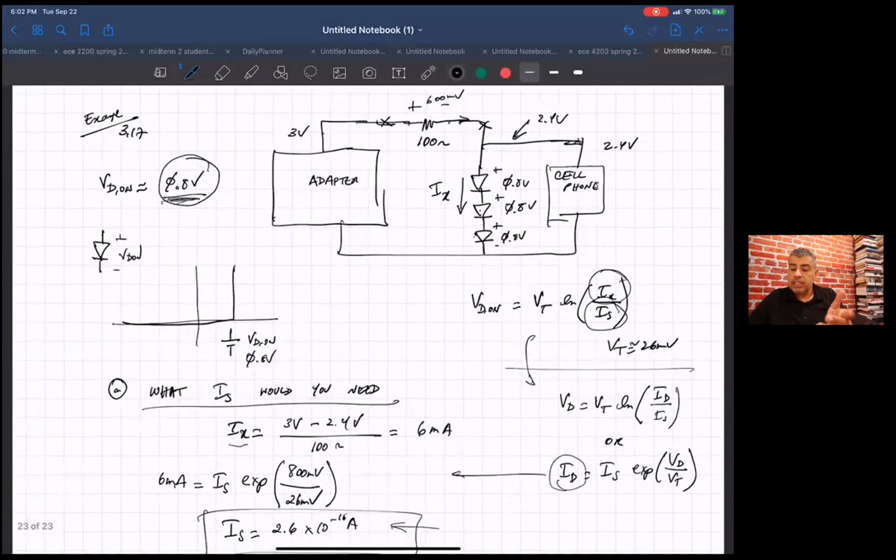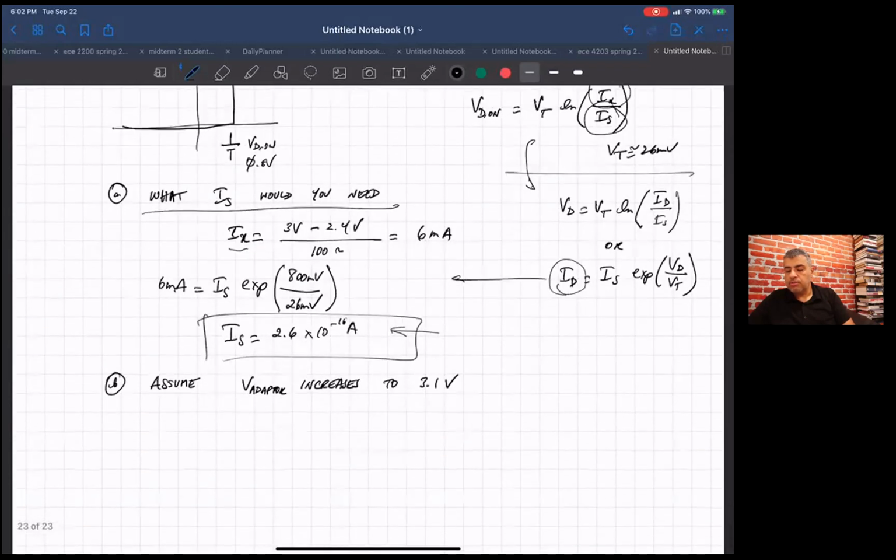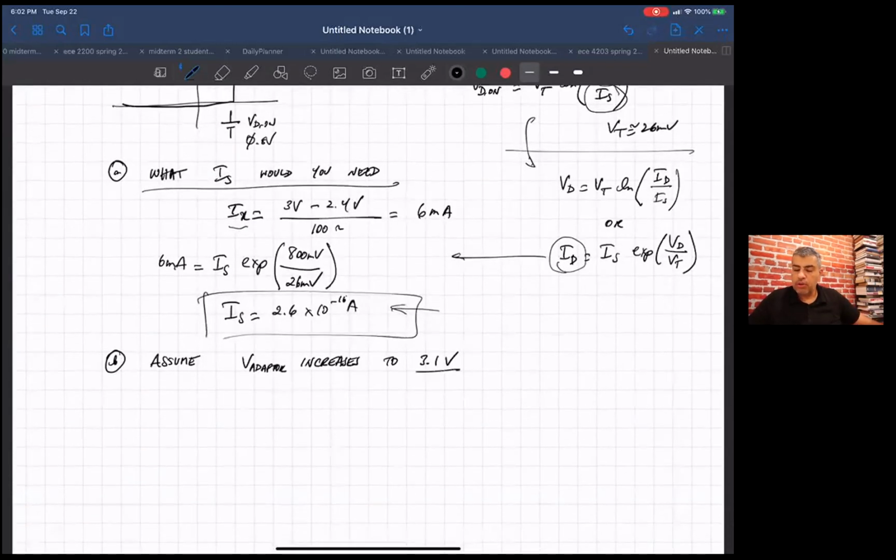I don't know why the adapter would go to 3.1, but there's variation in voltages. Maybe there's a power shortage and the line voltage drops from 110 volts to 100 volts, or vice versa, and you end up with 3.1 volts. And you already have all your diodes and circuits. So the question is, what happens? What does your cell phone get?